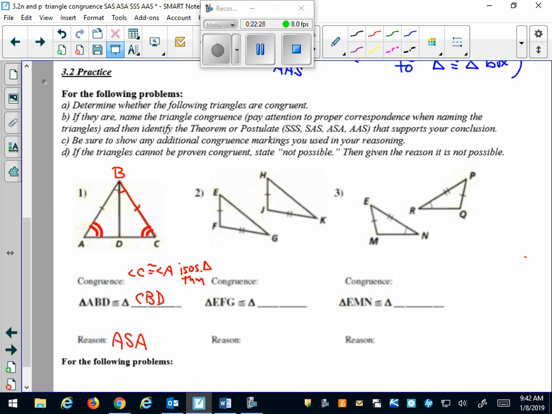Okay. There's another thing that I kind of want to point out here that we could have done instead. You don't have to erase yours, okay? But since these 2 triangles share this side, do we know that BD is congruent to itself? It's the same side, right? So we could mark that one.